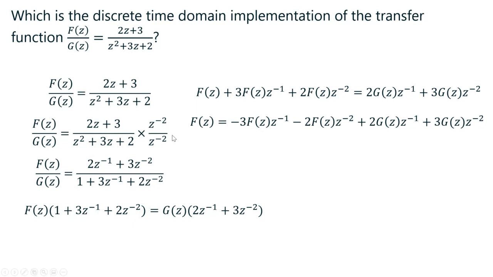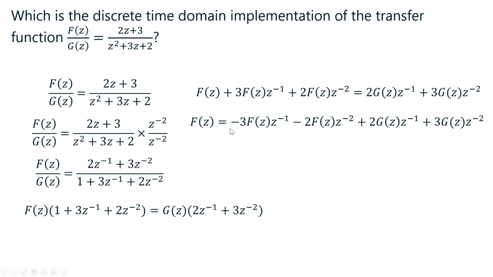The idea is that z to the minus 1 is the value of whatever you multiplied it against one sample ago. So f of z times z to the minus 1 is the previous value of f, and then multiplied by 3. Same thing applies for g.